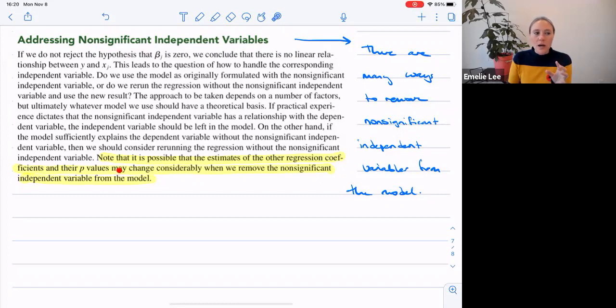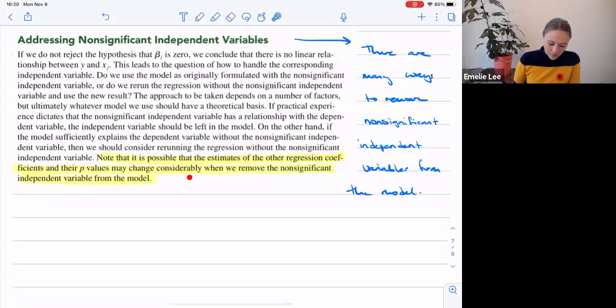And so you might want to play around with it a bit before you decide on a model. And that's most of your job, right? Is playing around with the model and taking away variables, adding variables, seeing what's going on.